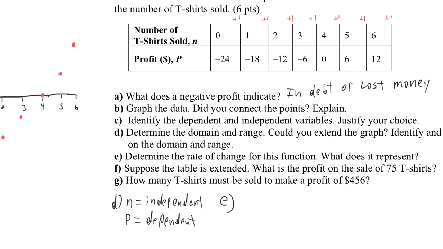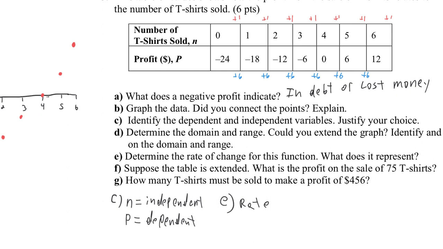And every time we go up here, we're going up by +6. Oh, actually I got these mixed up. This one here should be C, and technically D is determining the domain and range. We'll do that in a moment.